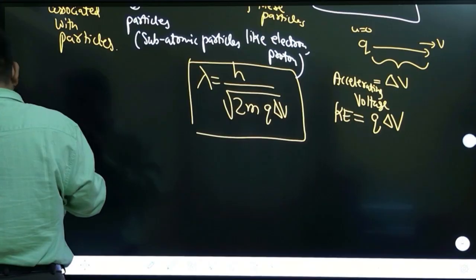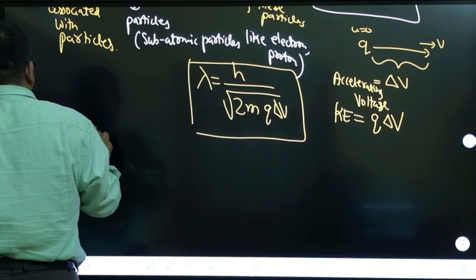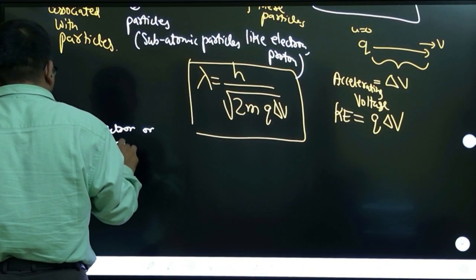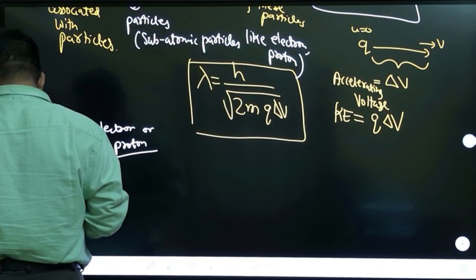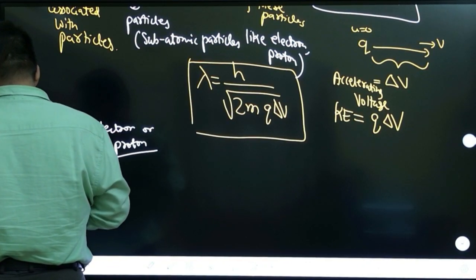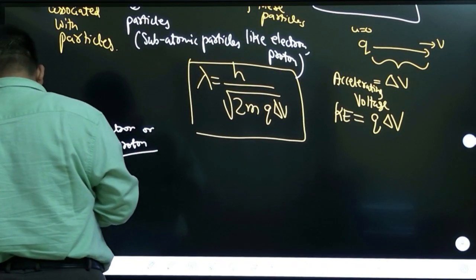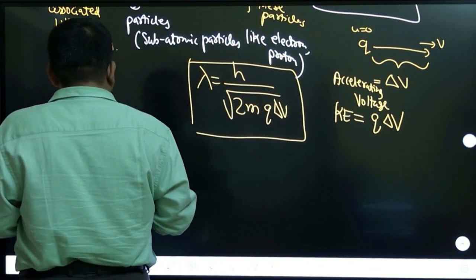So let's write for electron or proton. This formula will work for electron and proton particles. Lambda can be written in terms of this particle.